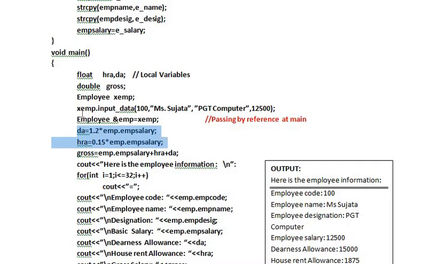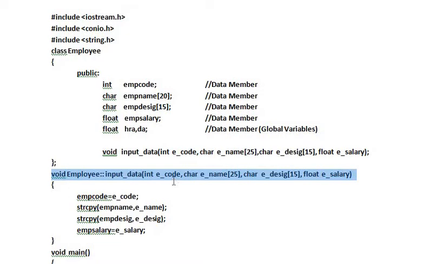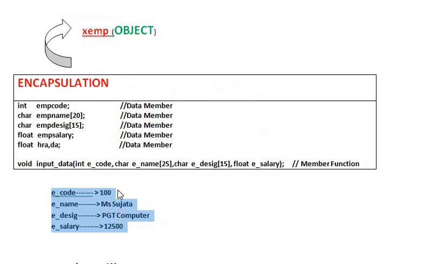Okay, so you remember I left off at this point, through which I have copied these parameter values from this calling function of input_data to the parameters eCode, ename, edesig and eSalary in the called function of input_data.